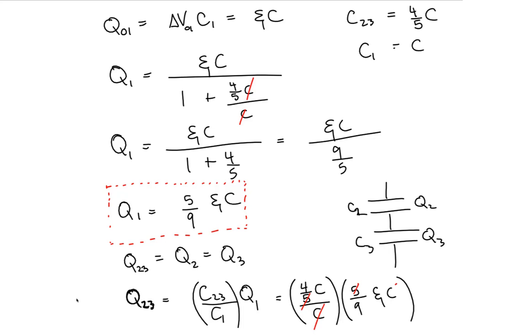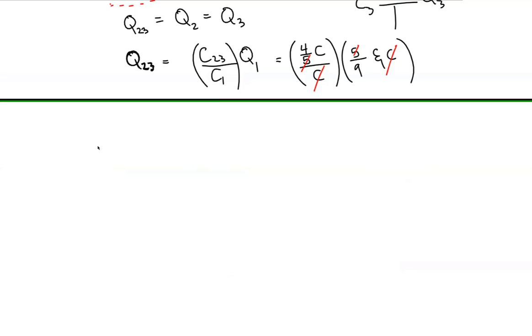This C cancels with this C. And what we end up with is our equivalent charge looks to be 4/9 the EMF of our power supply times C.